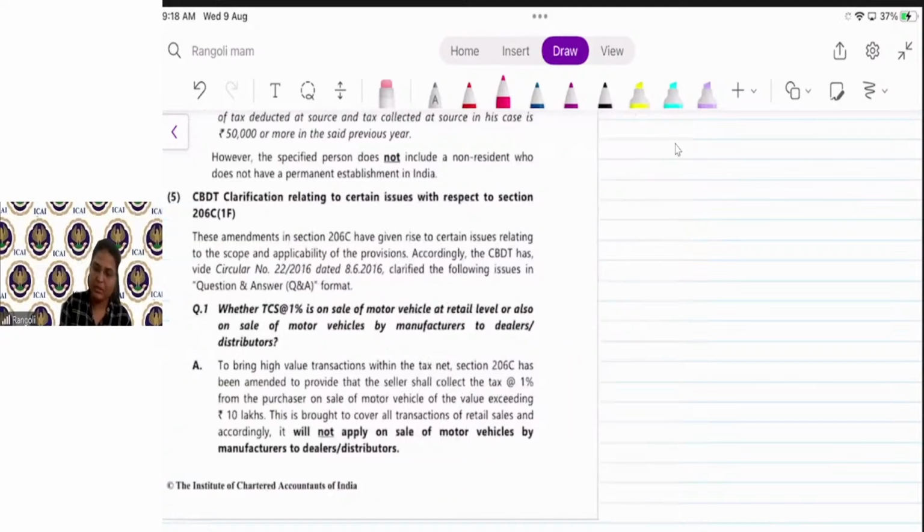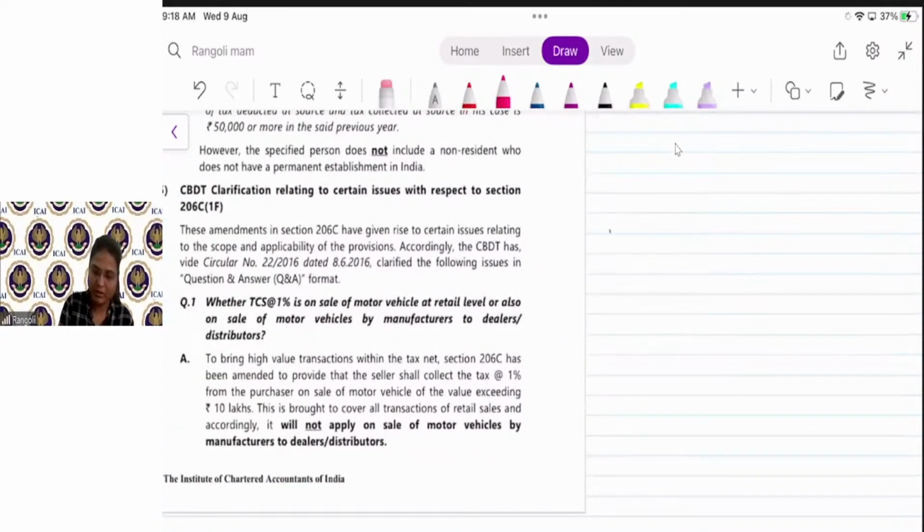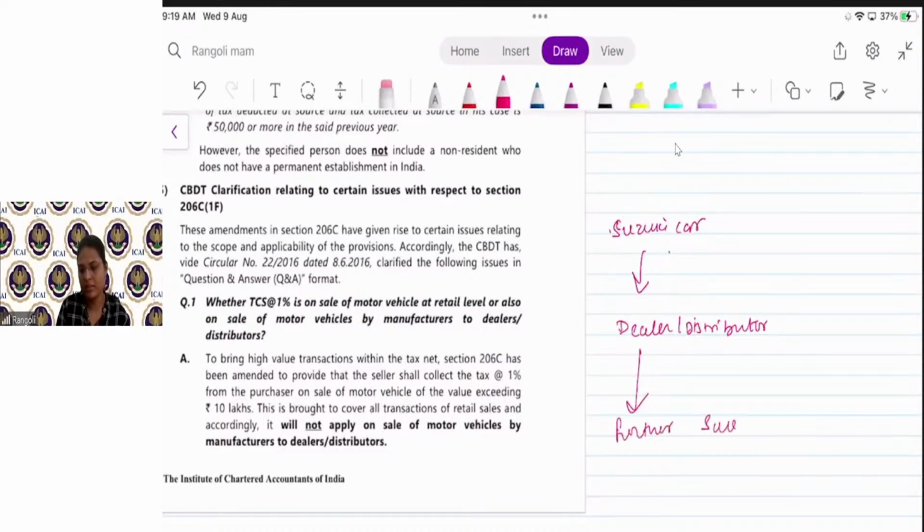Say for example, we'll take the example of Suzuki car. Suzuki is a manufacturer. He supplies the car to the dealer or distributor, and the distributor will further sell this car to a retail customer.